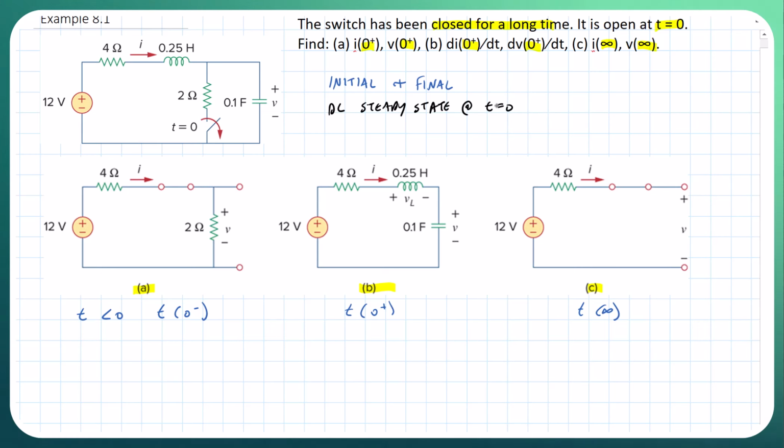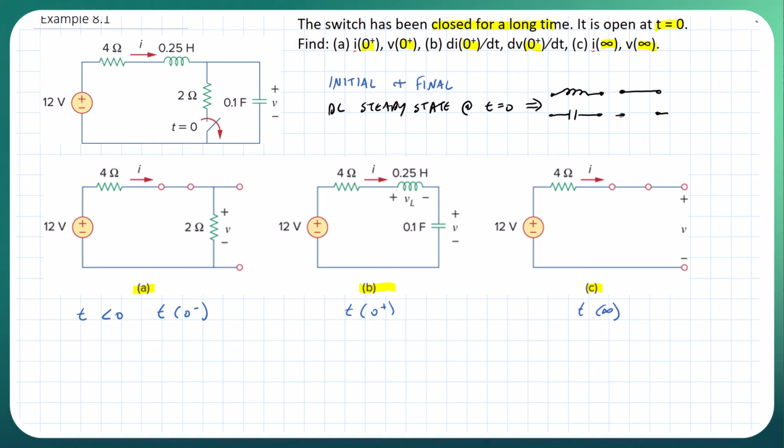And at steady state, what that means is the inductor is going to act like a short, so our inductor is going to be equivalent to a short, and then the capacitor is going to be equivalent to an open circuit. The capacitor is going to behave like an open circuit.